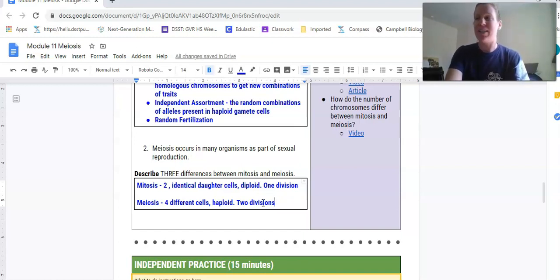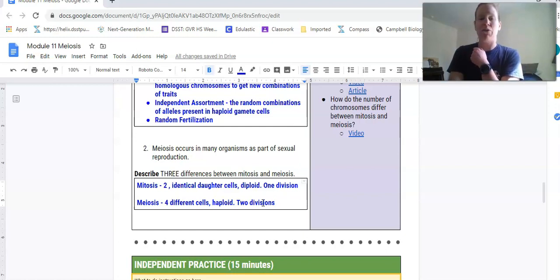That's because we need to divide not only the homologous chromosomes, but then also the sister chromatids. So 2 divisions, but remember, there's no DNA replication between divisions. DNA replication still happens in S phase, which is before meiosis, during interphase. So between meiosis 1 and meiosis 2, there is no DNA replication.